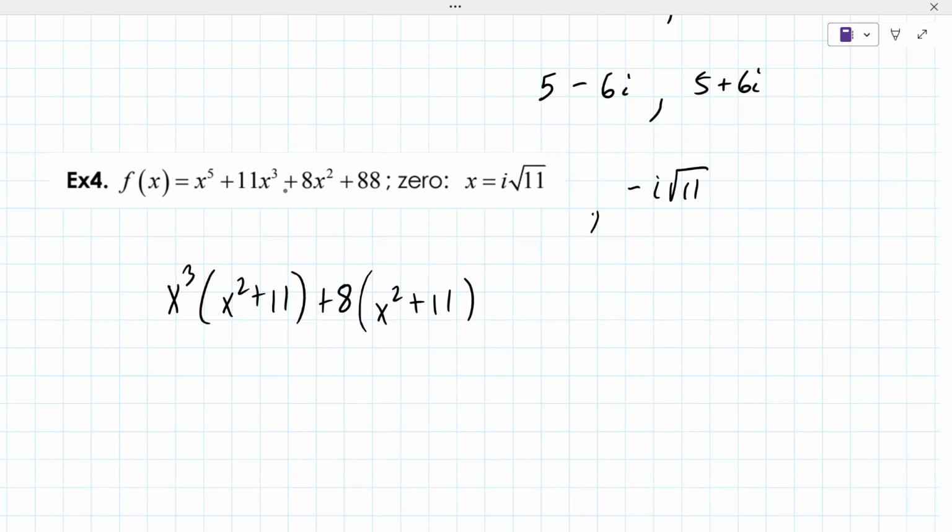This becomes x cubed plus 8 times x squared plus 11, and that's where those two roots come from. The i root 11 and minus i root 11 come from setting the x squared plus 11 equal to 0.